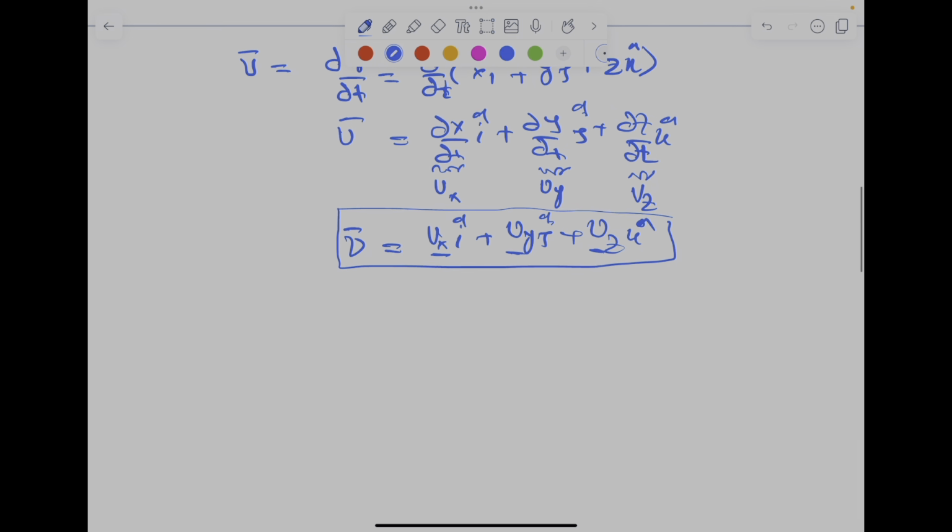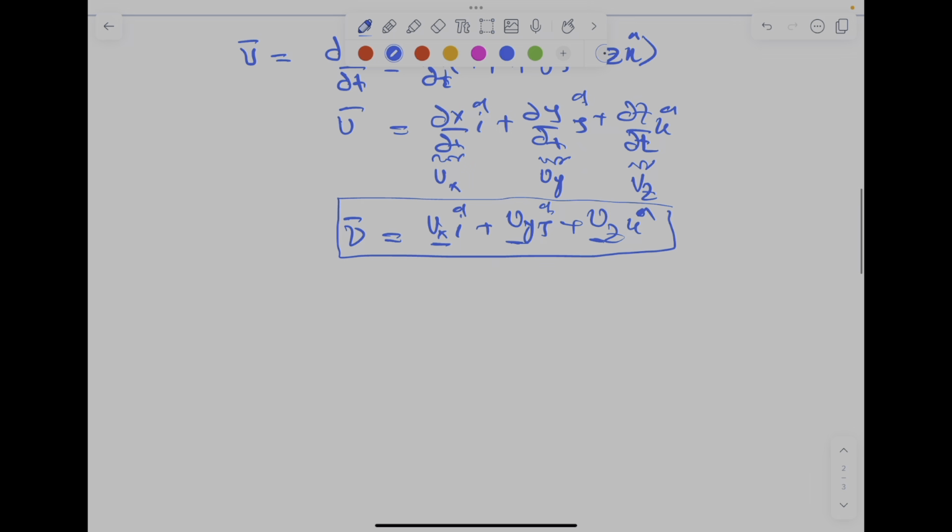Okay, so for the speed, consider a particle moving in the xy plane.